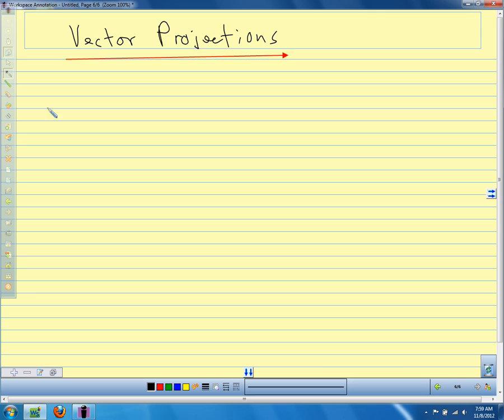So what we're interested in is if we have a vector u, we want to break this into two components.